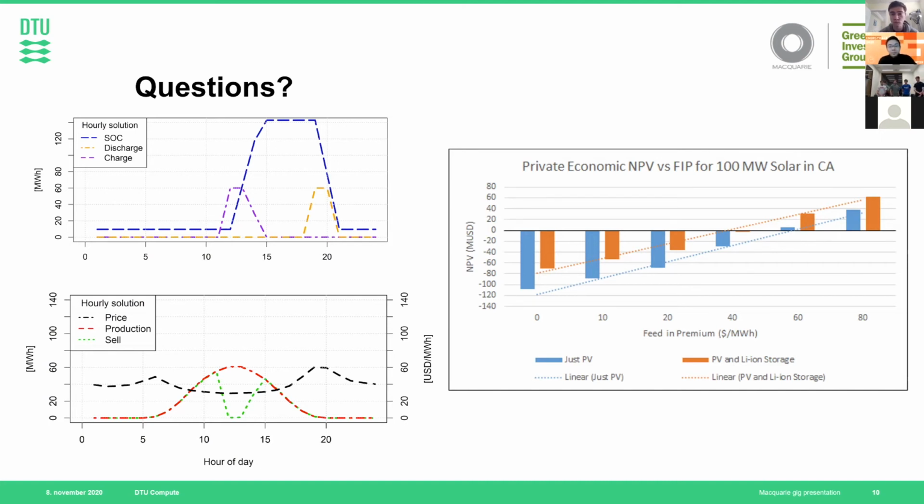Fantastic. Did you look into the state of feed-in premiums in California, whether that's a current mechanism that you could use, or whether that would require some sort of market, regulatory, or policy change?